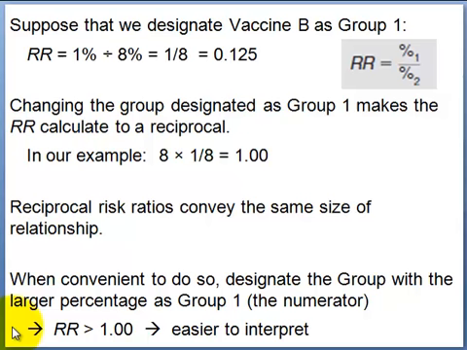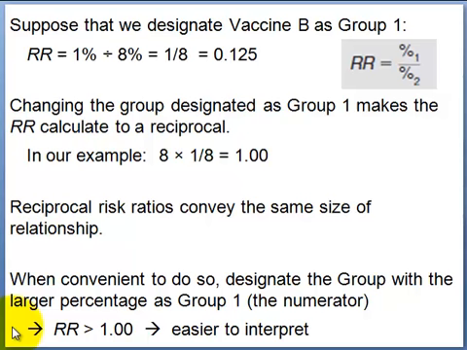Most people find it a little bit easier to interpret risk ratios that are greater than 1 than to interpret those that are less than 1. It's not a huge difference, but I think many people find it clearer to say this group is 8 times more likely to experience the result than to say this group is only 1/8 as likely.